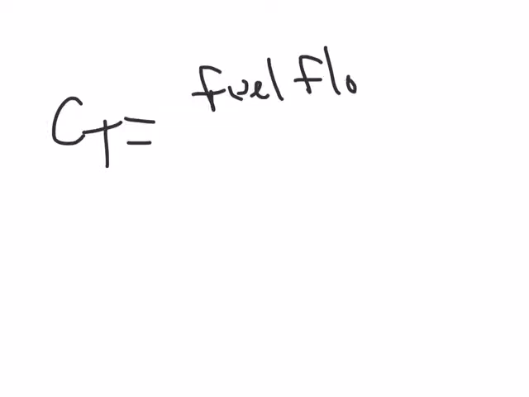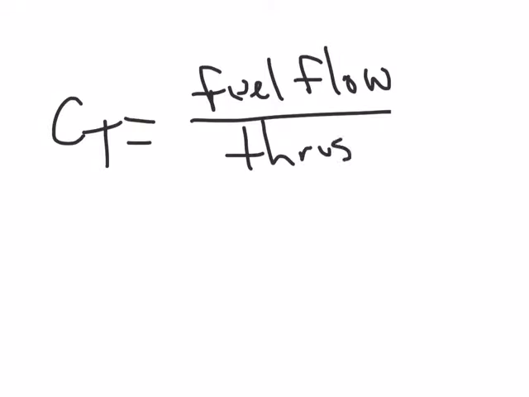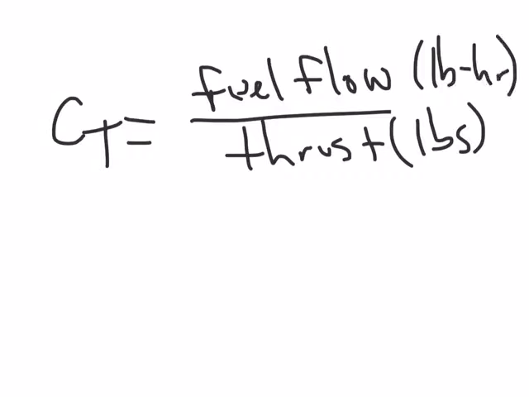Next thing we'll look at is fuel consumption. This is on page 83. It's going to be equal to fuel flow divided by thrust. This is in pounds, and this is in pounds per hour. And this will give you your specific fuel consumption.